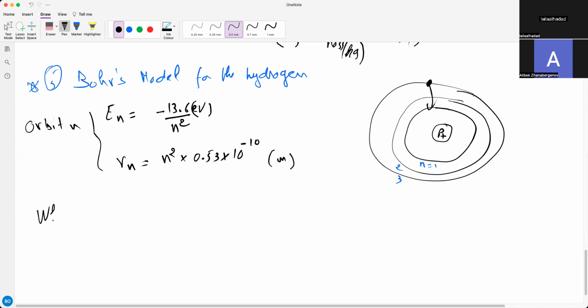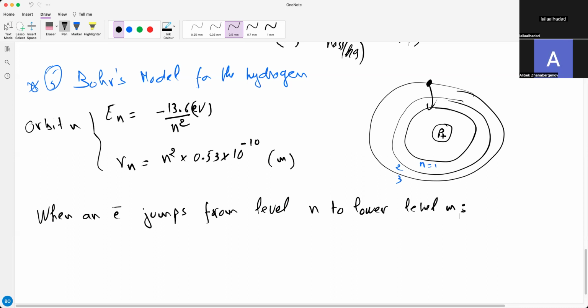When an electron jumps from level n to a lower level m, there will be an emission of a photon of light, and the energy of this photon is just the energy of level n minus the energy of level m.